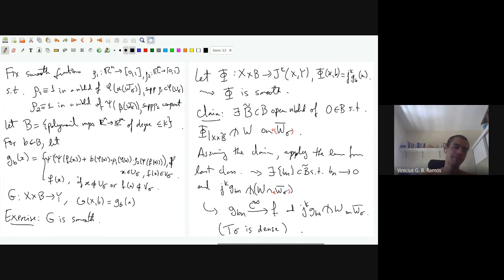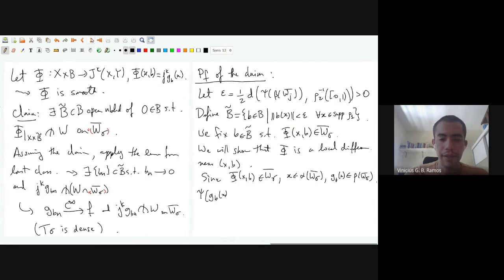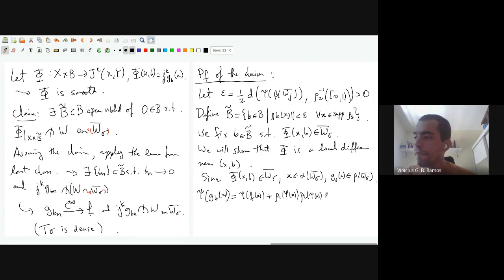I can use the first line to say what GB really is at this point. So this is going to be equal, and I'm going to apply psi to it. Now I'm in Rm, and what do I have? I have psi of f of x plus rho 1 of phi of x times rho 2. So I have my bump functions. And then I have b. Okay.